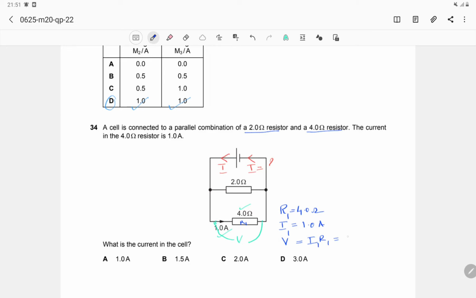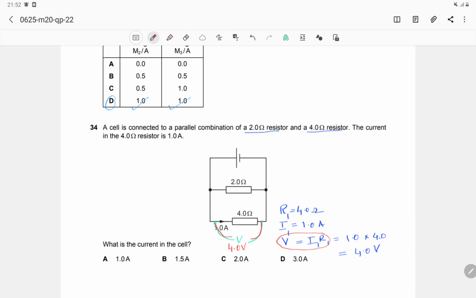Here I is 1 ampere and R is 4 ohm. You will get a voltage of 4 volt. Here you just need to use the equation V is equal to IR. Now you can understand that the voltage across the 4 ohm resistor is 4 volt.